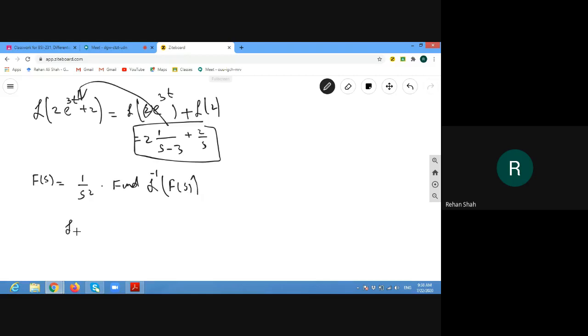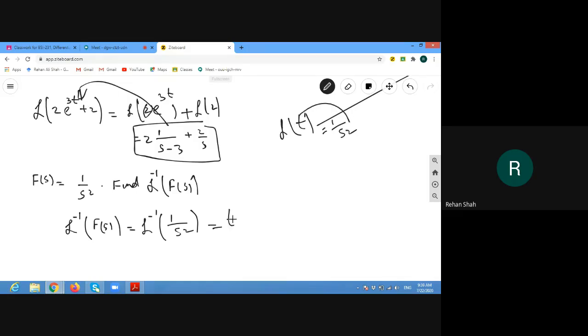Apply L inverse on both sides, so you will get L inverse of 1 over s square. If you remember, the Laplace transform of t is 1 over s square. So the inverse Laplace transform of 1 over s square will be t. Is it clear?